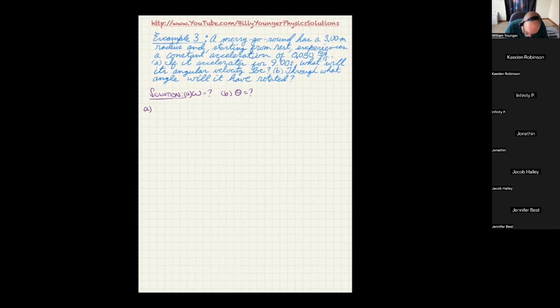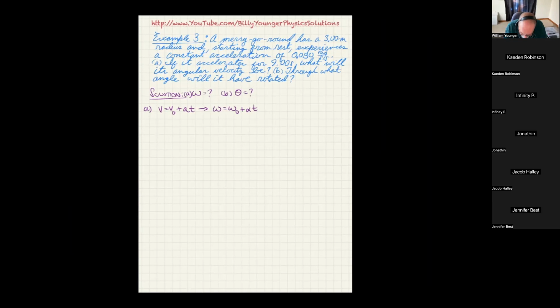In part A, if I want to know the angular speed, one equation I've used in the past in linear motion was v equals v0 plus at. From this, my analog tells me that omega must be equal to omega 0 plus alpha t, and that's exactly correct. It's not necessarily the only way, but it's the way I've chosen.